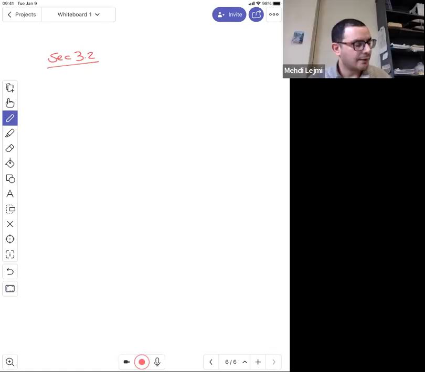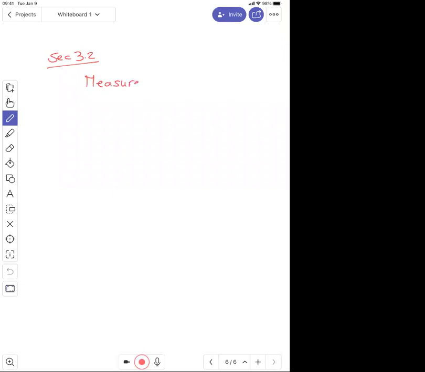So we are still in section 3.2, the measures of spread or measures of variation.